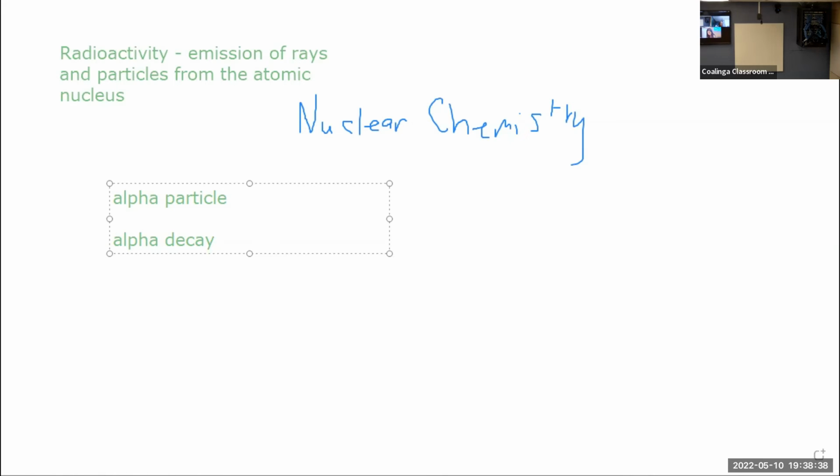So during alpha decay, we're going to be basically emitting alpha particles.